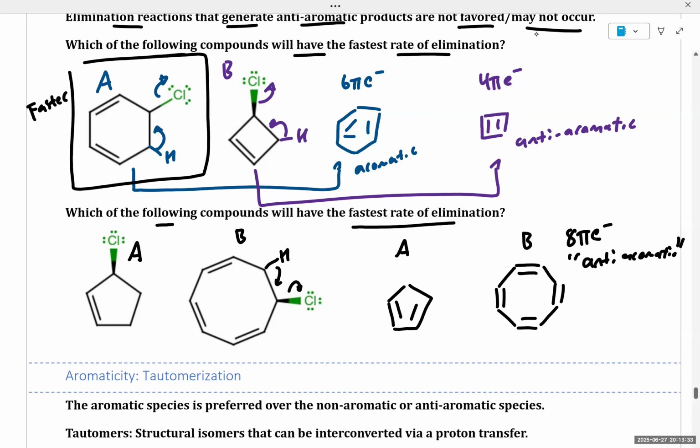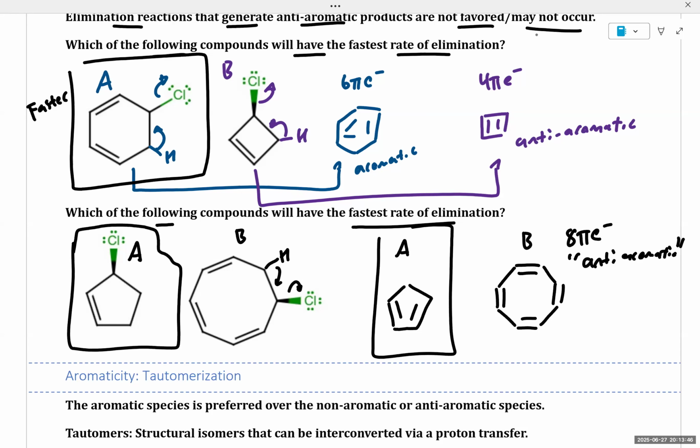Because compound B is unstable, in part because it has a lot of anti-aromatic character, it is far easier to form and eliminate with compound A. So compound A will have the faster rate of elimination, in part because we're not paying this penalty to generate a compound that has a large amount of anti-aromatic character.